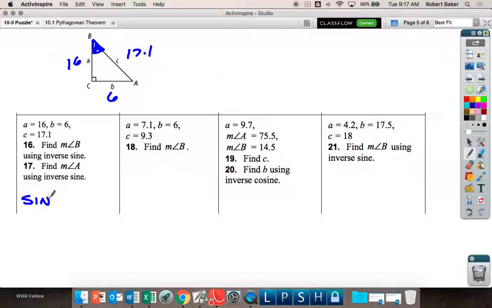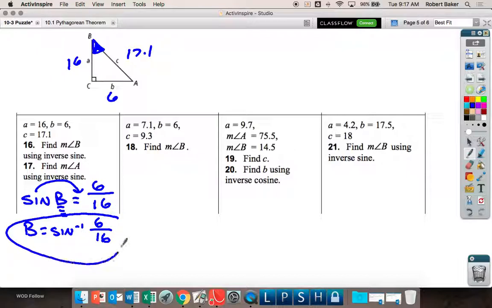So the sine of B is equal to opposite over hypotenuse. To solve for the angle measure, you move sine over. Type that bad boy in your calculator, and you get the measure of angle B.